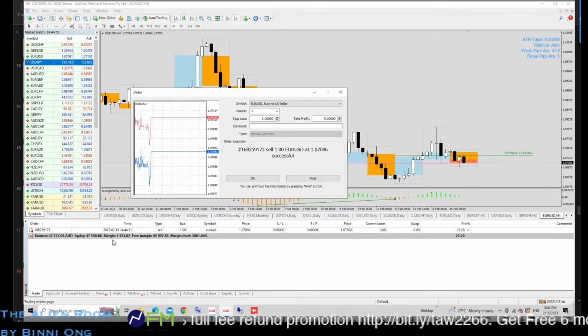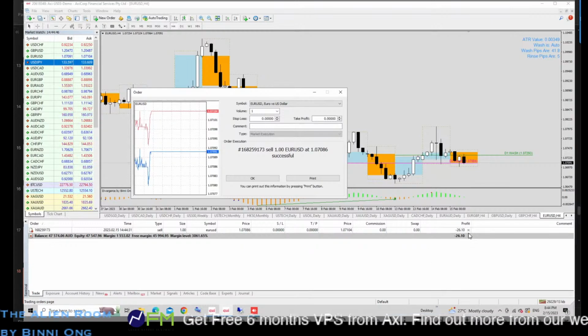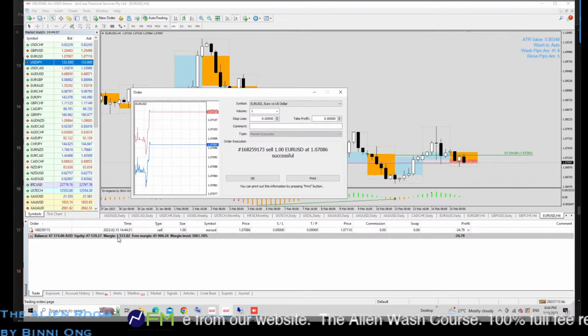So to have your answer, the margin required for one standard lot of euro is 1,553. For me, this currency is Aussie. You can start your demo account in SGD, and you will be able to know if you have 2,000, whether you have enough margin to do one standard lot.